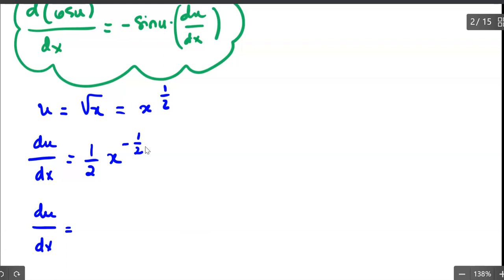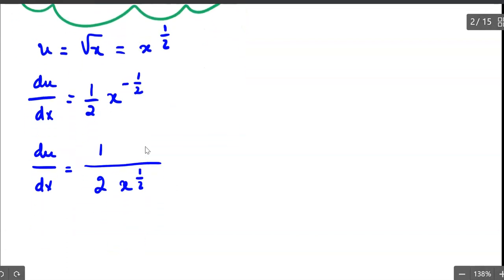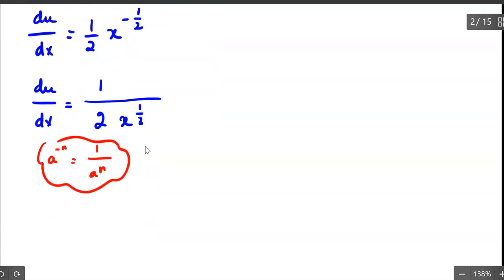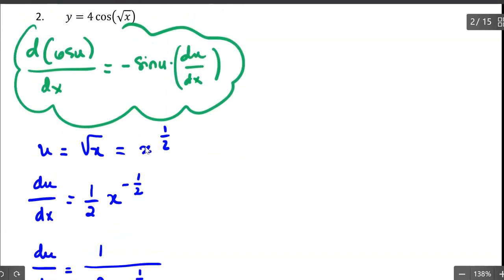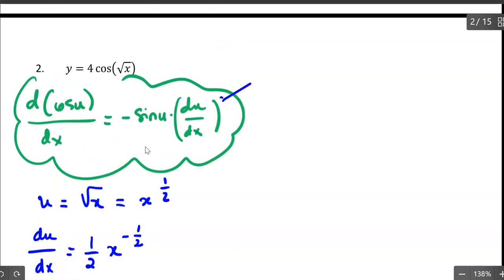So this will give me 1 over 2 times x to the exponent a half. Just to remind everyone, this formula is here: a to the negative n will be 1 over a to the positive n. And in the end, I can write my du over dx as 1 over 2 times square root of x. Keep that in mind because we need to substitute it into these formulas, right?